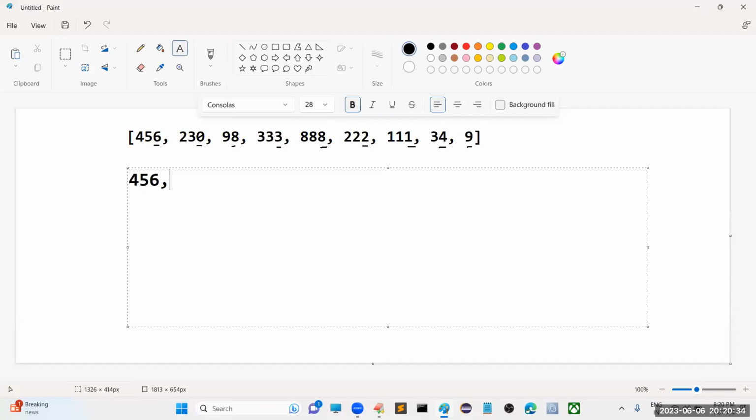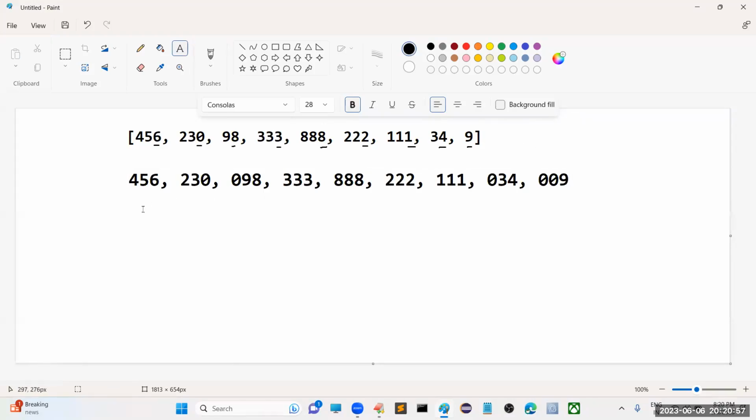So I will represent every number as a 3-digit number. Even if you have a double digit number, we will take it as 09. So I am going to take 333, 888, 222, 111, 034, 009. Like this we have.